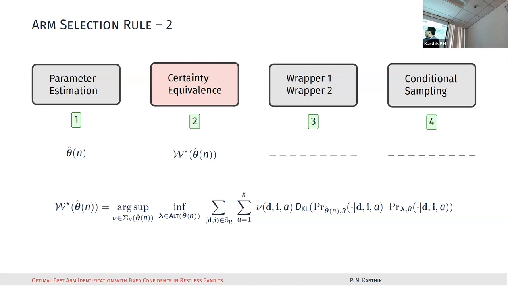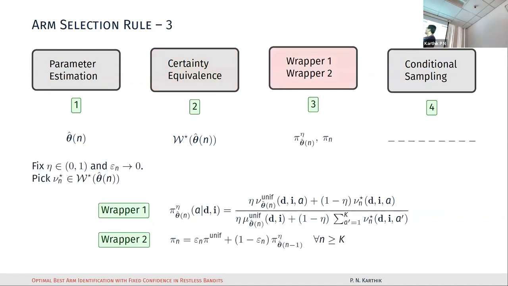Unless I sample according to the optimum distribution coming from this expression, I will not be able to show that asymptotic optimality is guaranteed. To achieve the lower bound, I need to guarantee that I am sampling according to this particular set of distributions. After I compute this, the next step is to choose an arbitrary element from this set. So all of these are very computationally intensive. Yes, computational efficiency is bad.